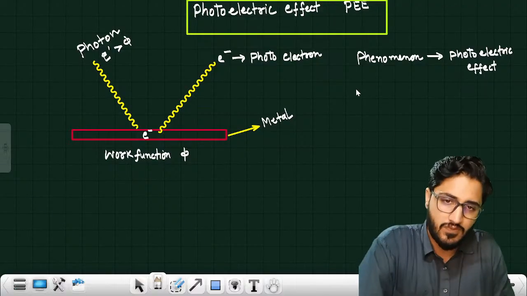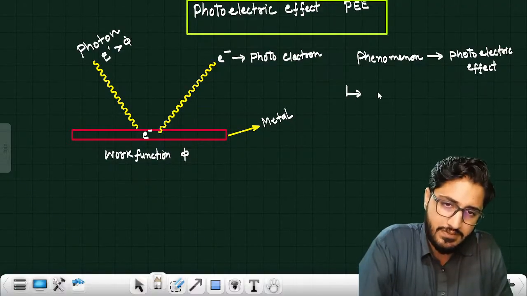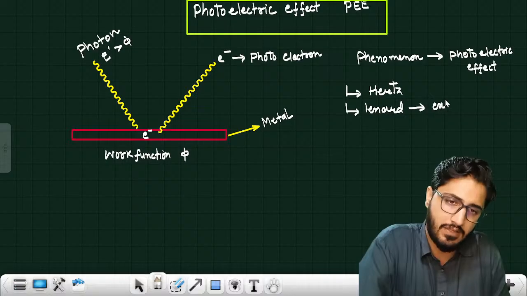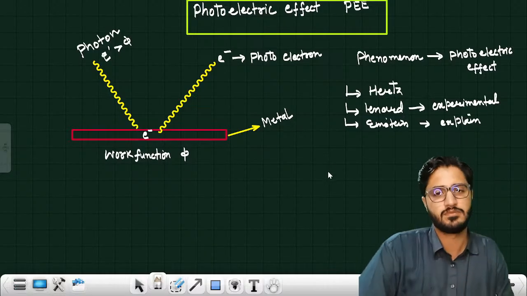This was firstly carried by Hertz. Hertz postulated these things. Then we have Lenard, the second scientist, who proved the photoelectric effect by experiment. Then we got Einstein, who explained Lenard's experiment.